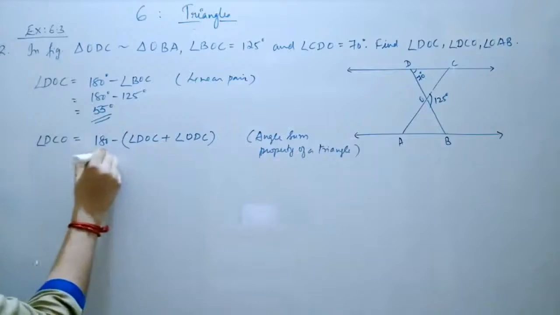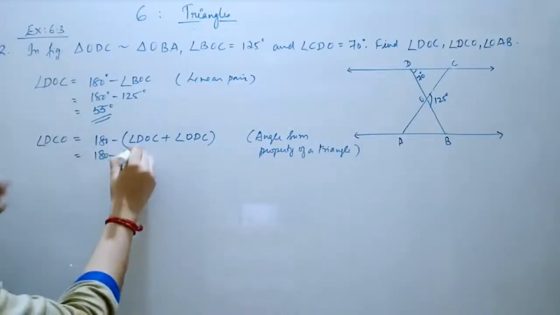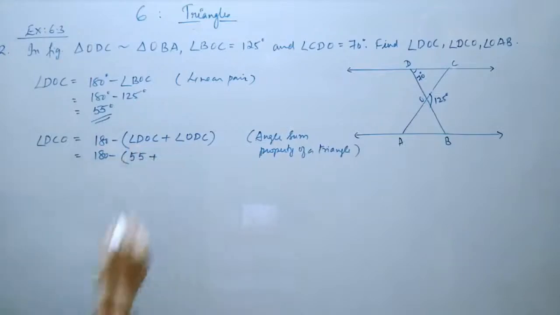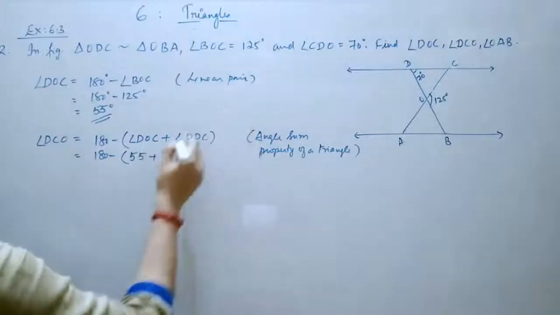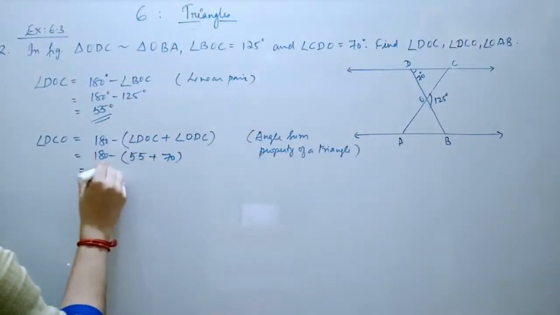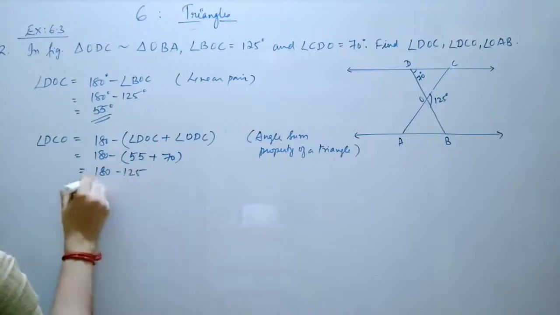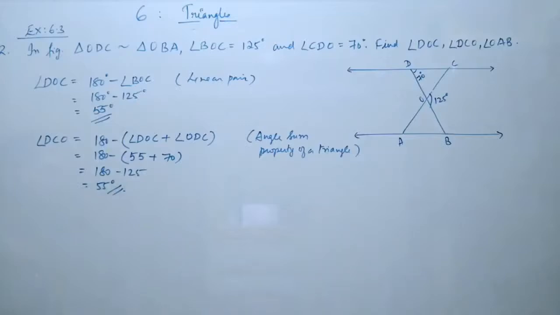So it is 180 minus of DOC, which is 55, plus ODC, or you can say CDO, which is given to be 70. So you will get again 180 minus 125, which is 55. So angle DCO is also 55.